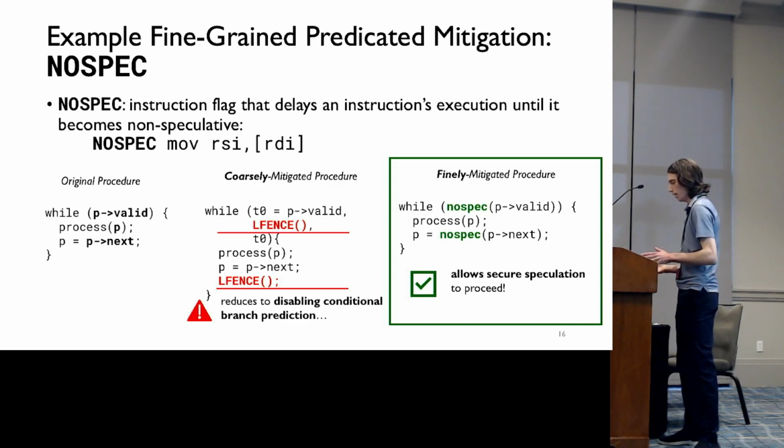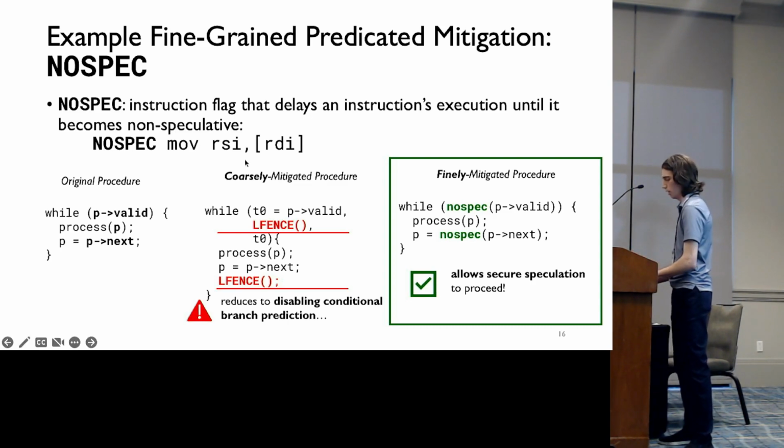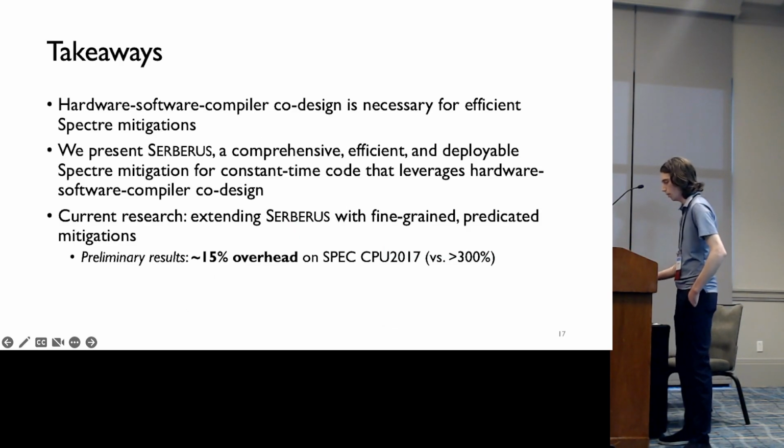Nospec is essentially an instruction flag or instruction prefix that indicates the instruction should be delayed until it becomes non-speculative. What we're planning on doing is replacing the fence insertion pass with a nospec insertion pass, which intuitively just flags loads whose values may later leak. What's nice about this is it does not block all speculation like the original L-fence insertion pass would for the example code here at least, resulting in better performance.